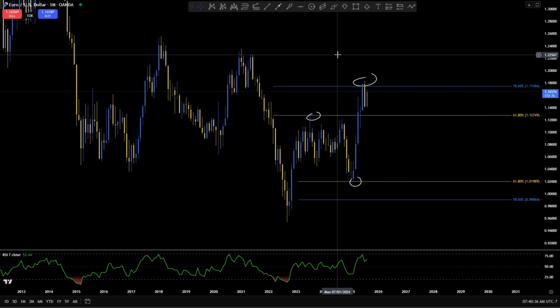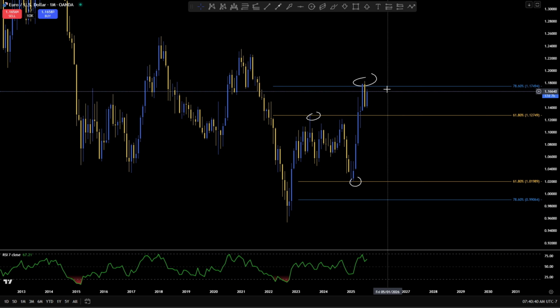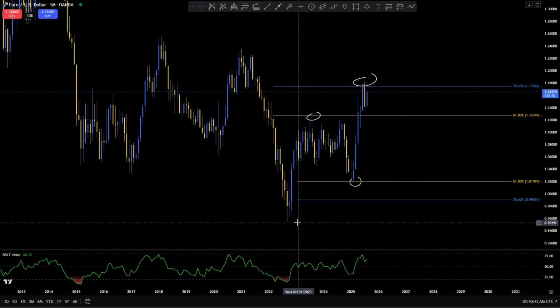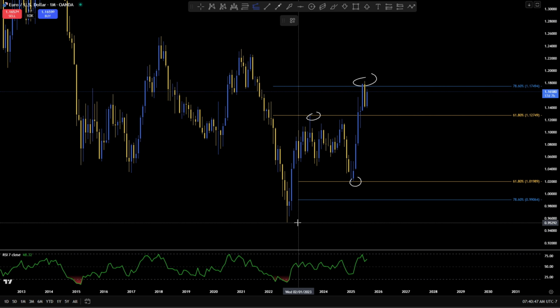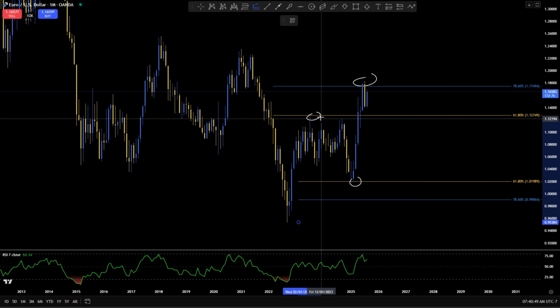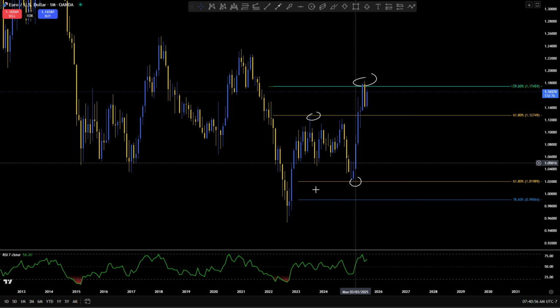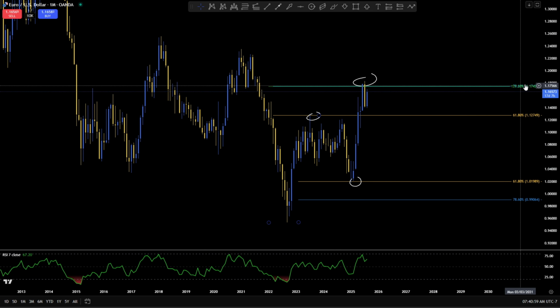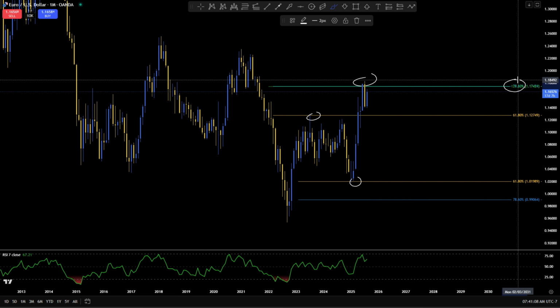That's also confluent with the other condition you will use for the D leg, which is a 127 extension of A to B. If I grab the extension tool and measure from A to B and come back, you'll see the 127 extension of A to B is overlapping directly on top of the 786 retracement. They are overlapping. This is Fibonacci confluence at its highest level.